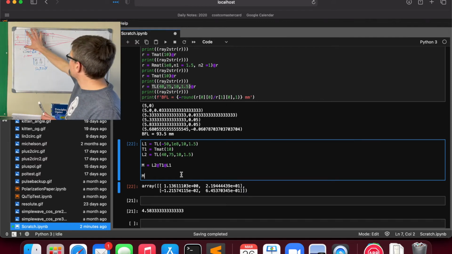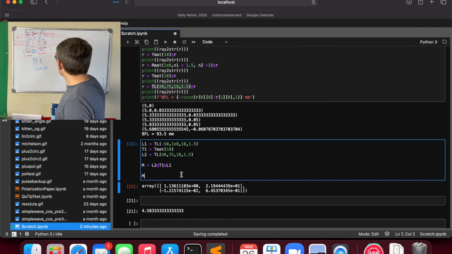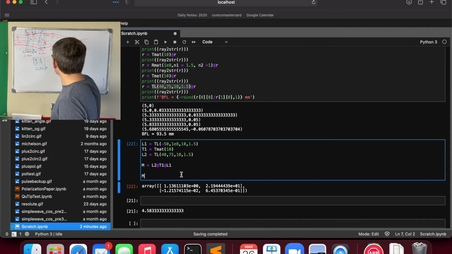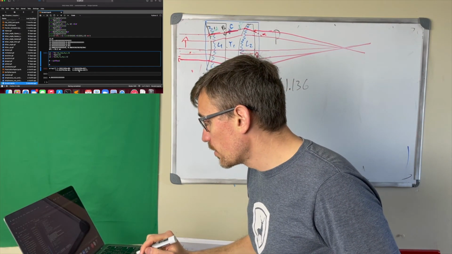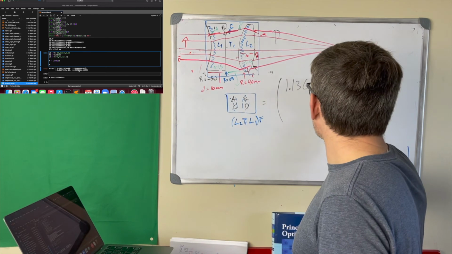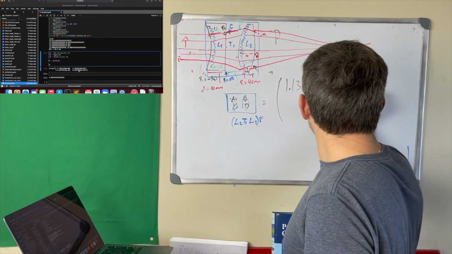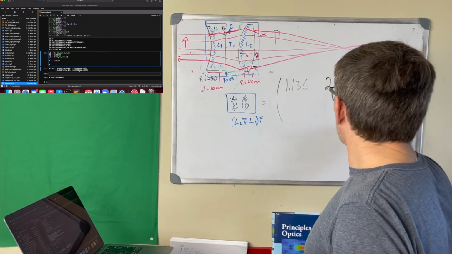This entire system of all these lenses, we could have just done this to begin with, but that would be less instructive. It's just these numbers here. So it's 1.136. It is 2.19 times 10 to the 4, so it's 21.94 millimeters, right?